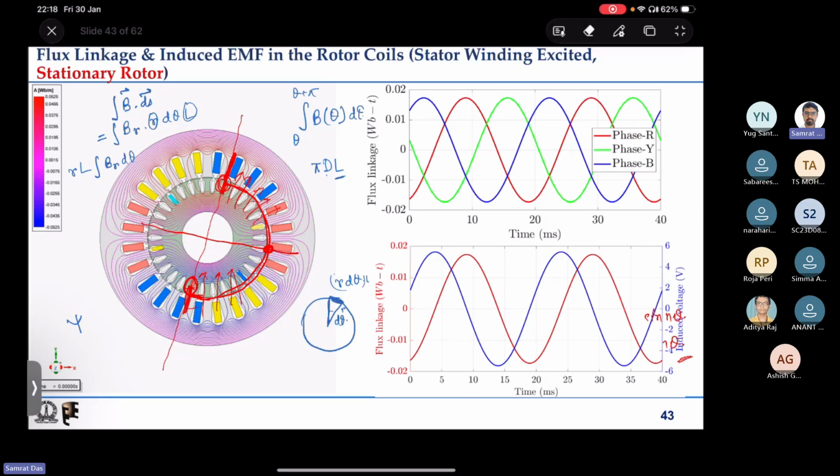Induced EMF may show up because it is a differentiation, but because flux linkage is reasonably smooth, when you differentiate it the harmonics do not show up that much, so the induced EMF is also reasonably sinusoidal.